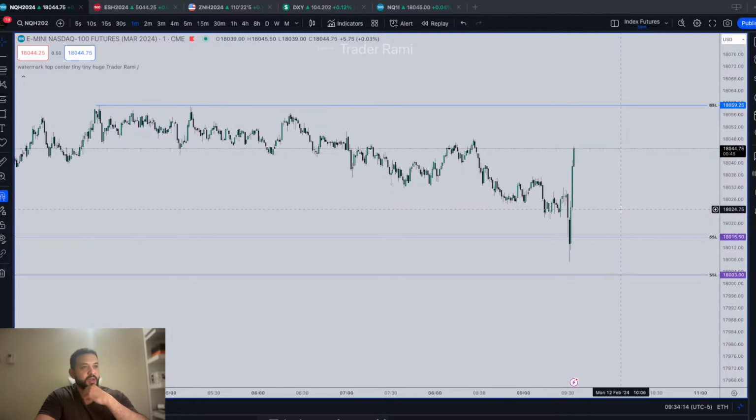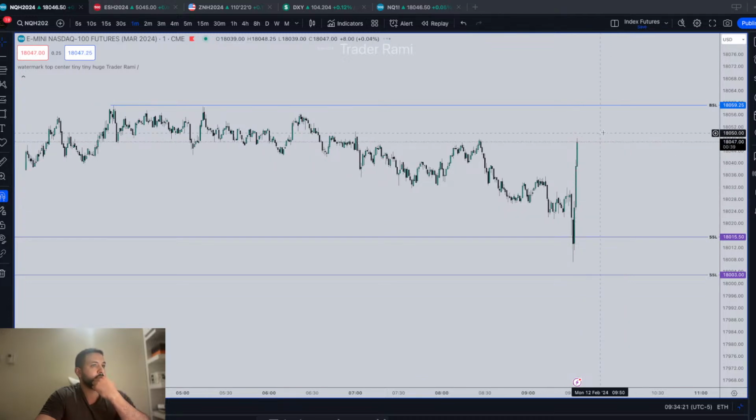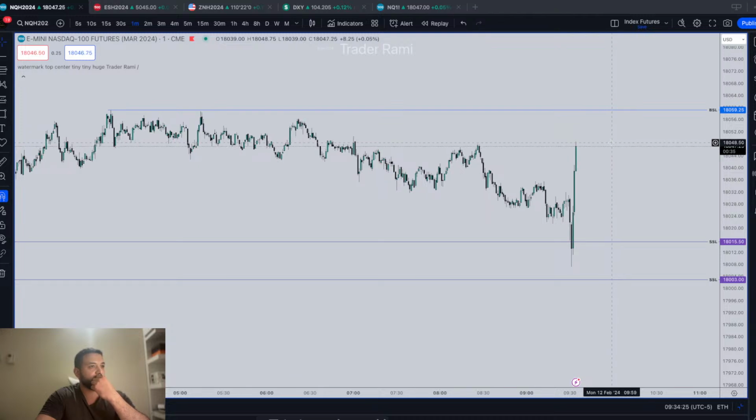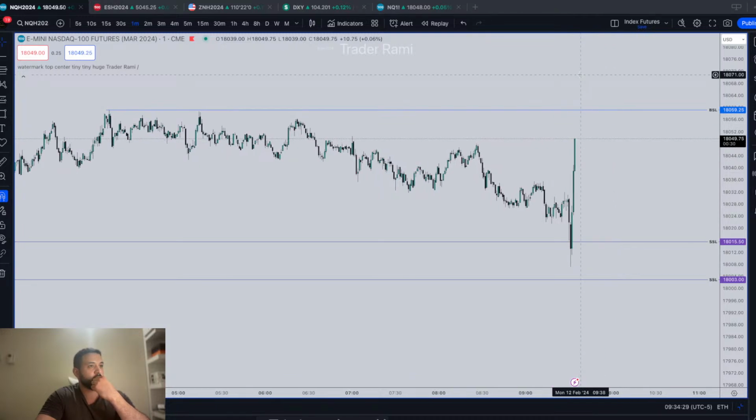And I'm absolutely fine with not taking these trades. I'm absolutely fine with not being in the market right now. Why? Because I want a nice and easy move, which is clear, it's got visibility, and I know there's institutional sponsorship. This right now is just clearing the table of the impatient. As soon as the market opened, we saw downside movement.